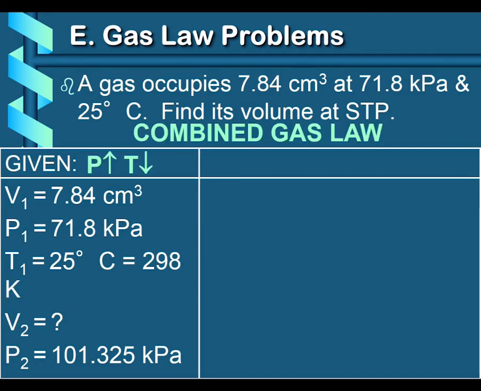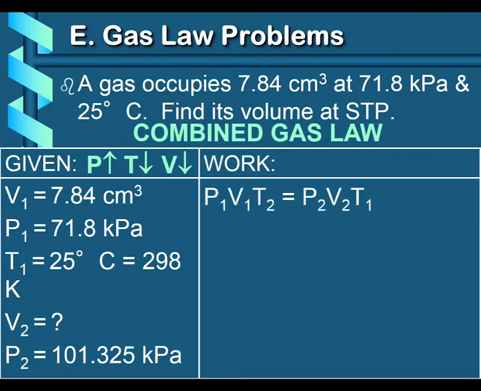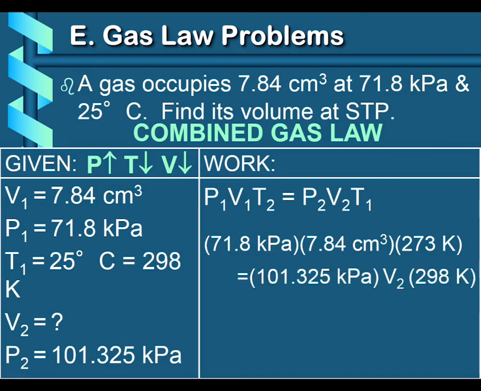This is the combined gas law because we're using all three variables, volume, pressure, and temperature. Set this up. We're going to plug in all of our information. There's our P1, V1, and T2, because again, T2 was 273 Kelvin. And all of that equals P2, V2, which is what we're solving for, and T1 is 298 Kelvin.